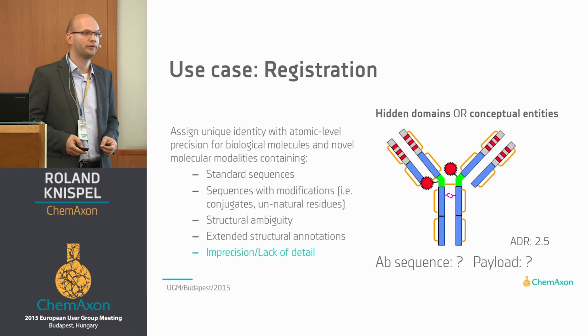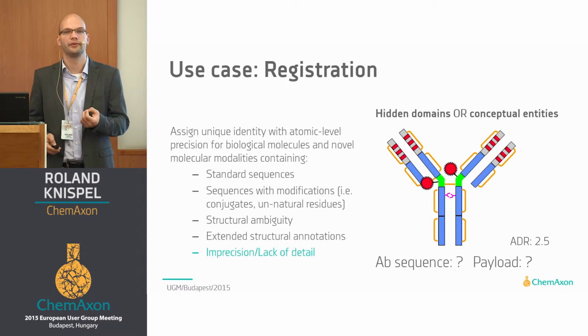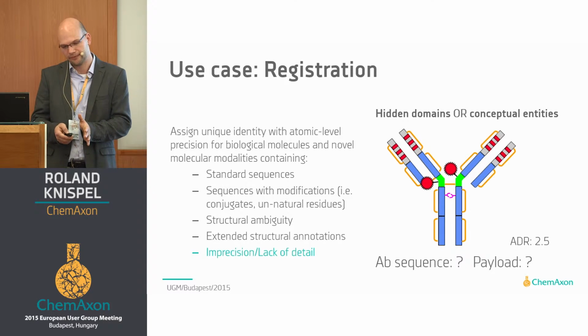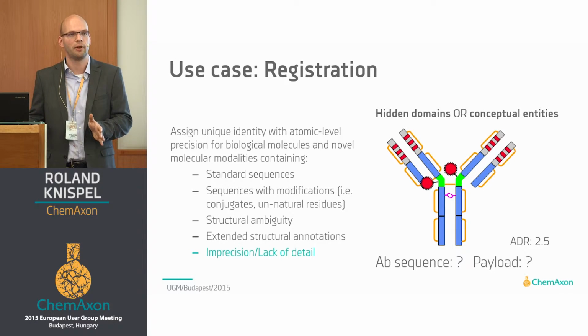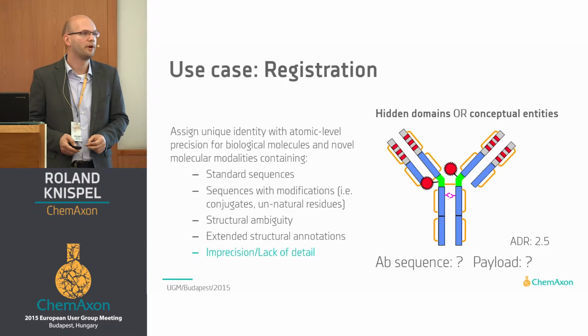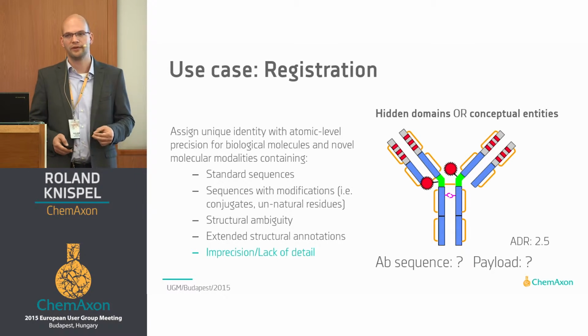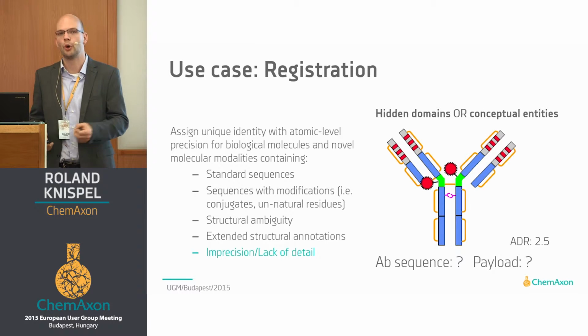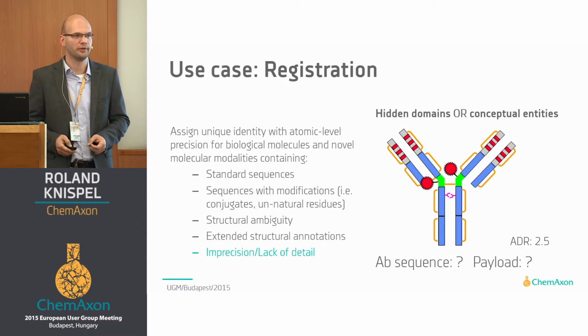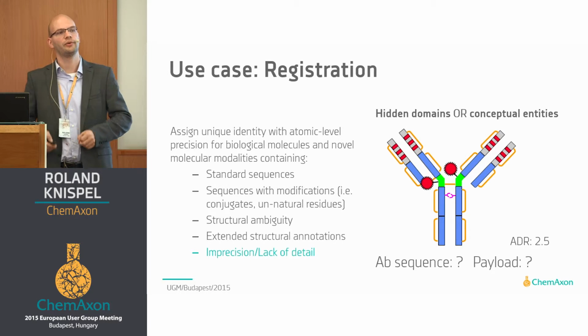And last but not least, you're often involved in registration of late-stage molecules in development. But use cases in early-stage discovery are typically that you might have little or no information about parts of these molecules. Consider the fact that you're in-licensing an antibody, but you don't get the sequence with it.